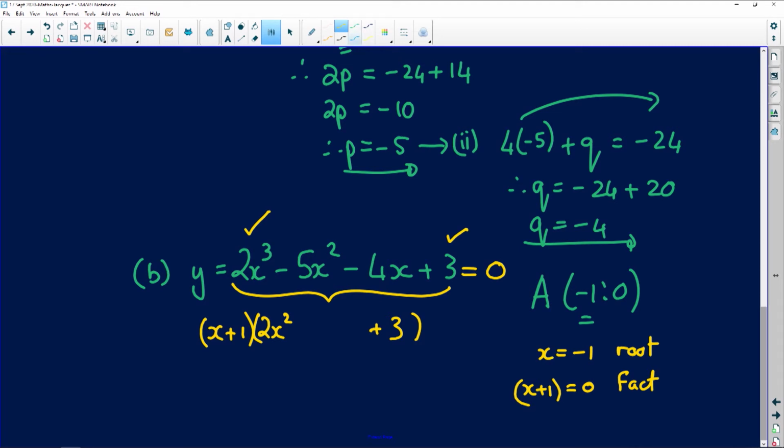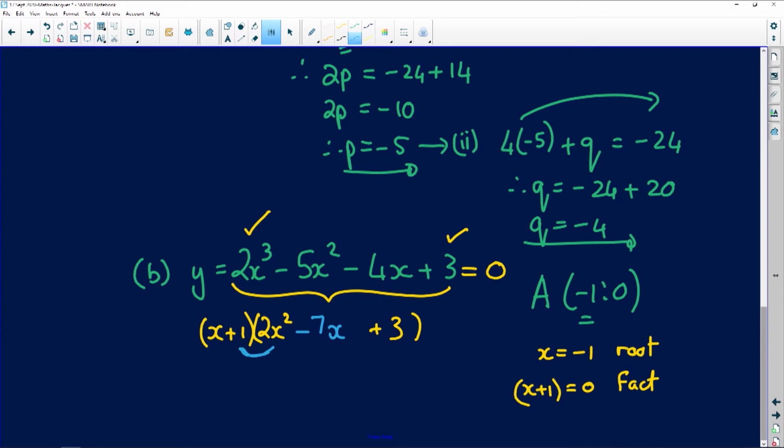Let's see, what else do I have? I have 2x squared. I want minus 5x squared. So I must take this 2x squared and subtract 7x squared, since 7x times this x is 7x squared, to get to the minus 5x squared.